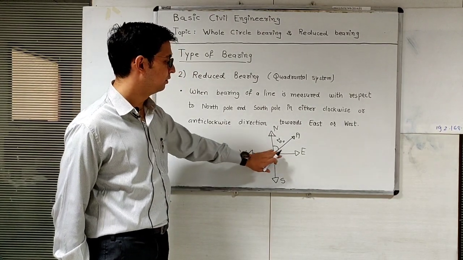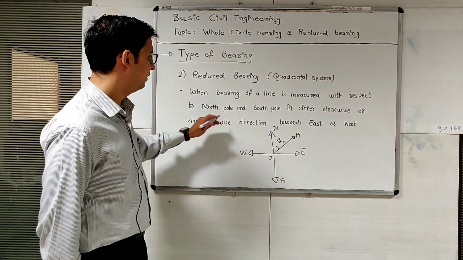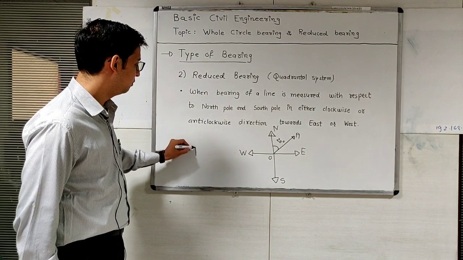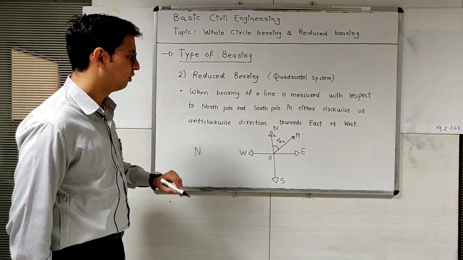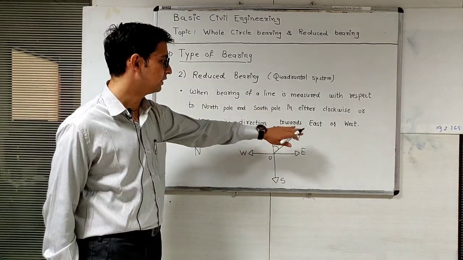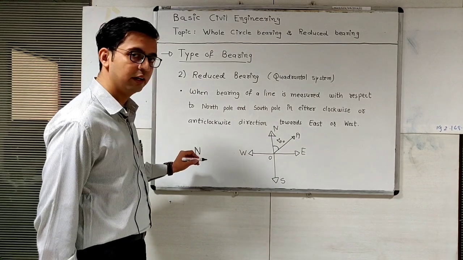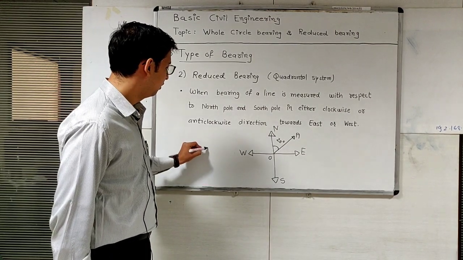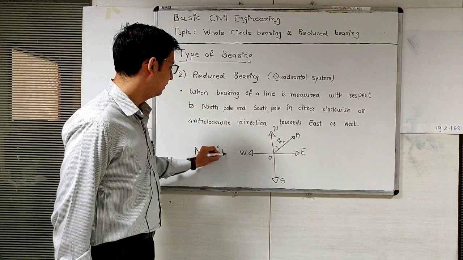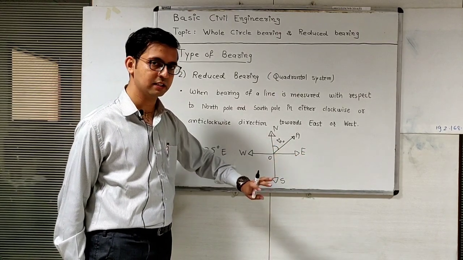How to write the reduced bearing for the OA line? As per the definition, bearing of a line with respect to magnetic north pole in clockwise direction or anti-clockwise direction towards east or west. Bearing is measured with north pole in clockwise direction, and in clockwise direction the next pole is east.